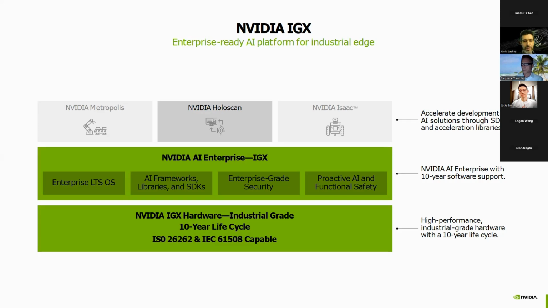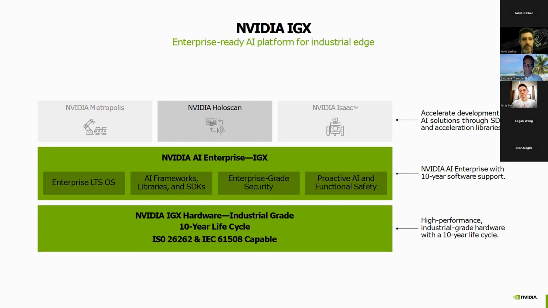So it is ready for the ISO and IEC specs for functional safety, and it differentiates from consumer grade or other enterprise grade hardware platforms. It is a specific hardware platform that we want to evolve to become more hardware agnostic in terms of software support.